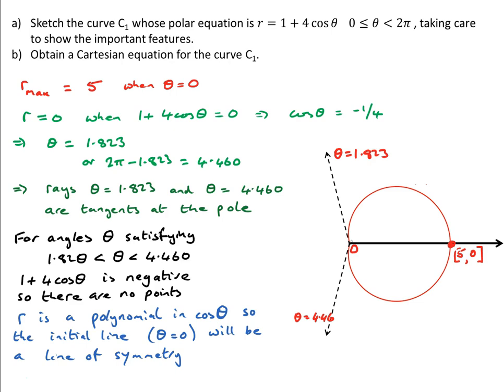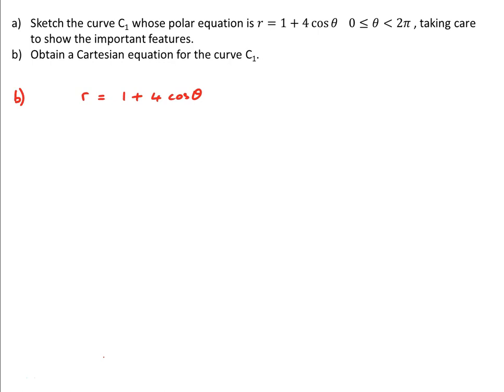Now, the second thing we've got to do is find a Cartesian equation for this curve. Well, we know that r is 1 plus 4 cos theta, and we also know that r is the square root of x squared plus y squared, x is r cos theta, and y is r sine theta. If we're trying to move to the Cartesian equation, it's often a good idea to get rid of the angle first in the polar equation, and then to get rid of the radius.